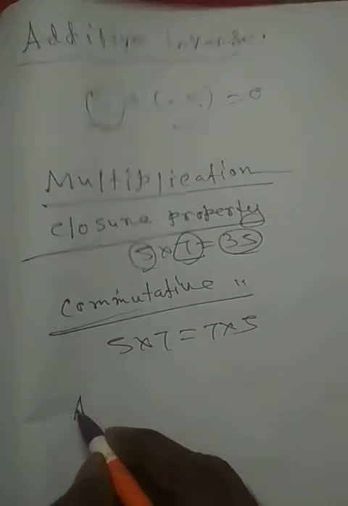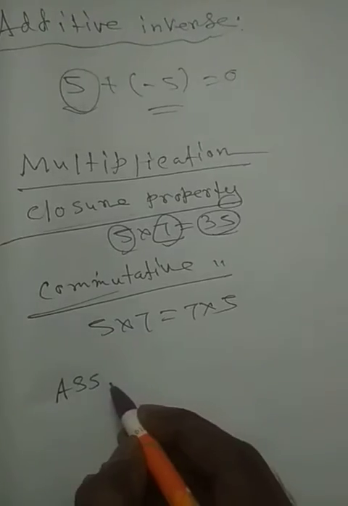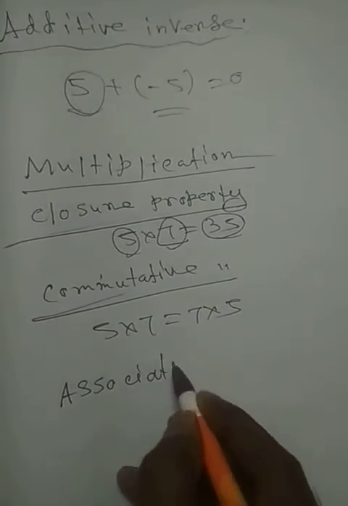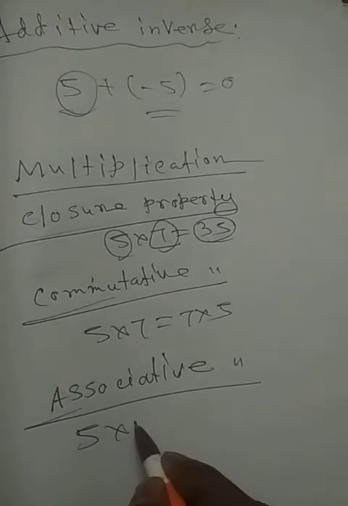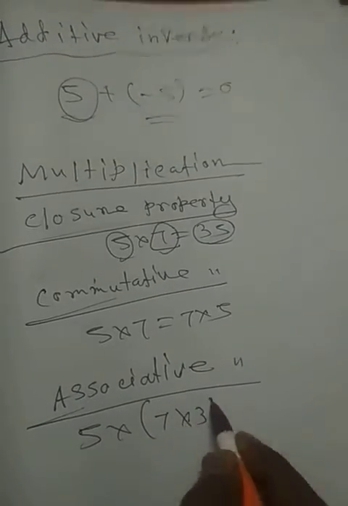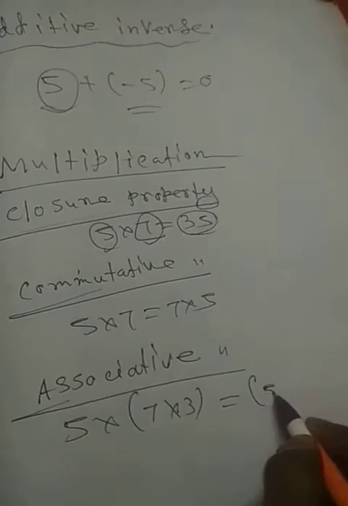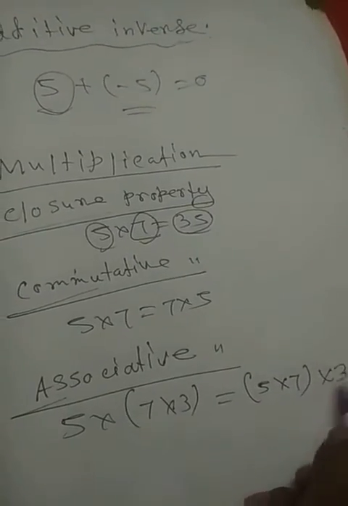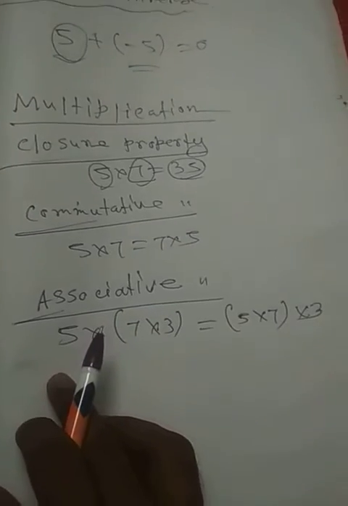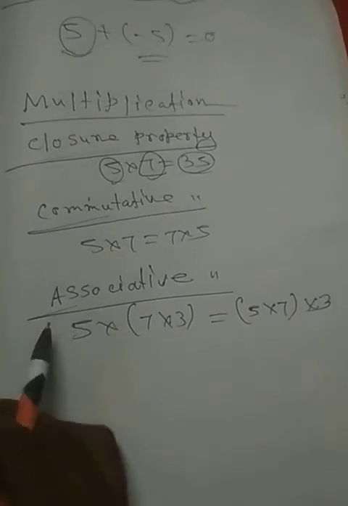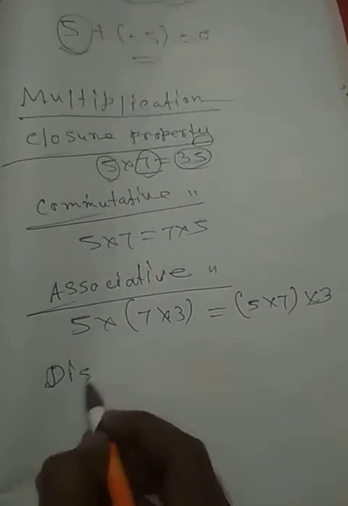Then associative property. It means like 5 into 7 into 3 is equal to 5 into 7 into 3, grouped differently. This is the associative property of multiplication. Distributive property.